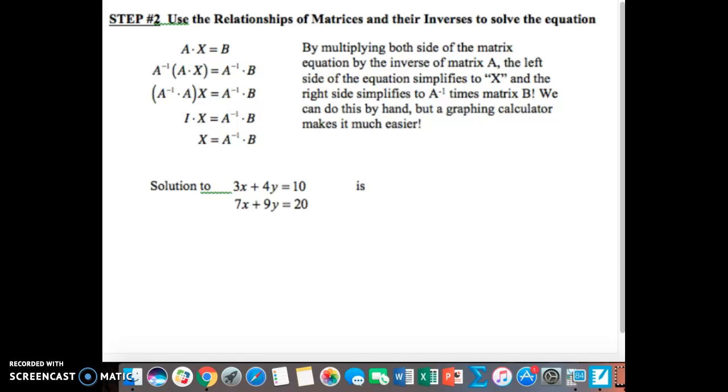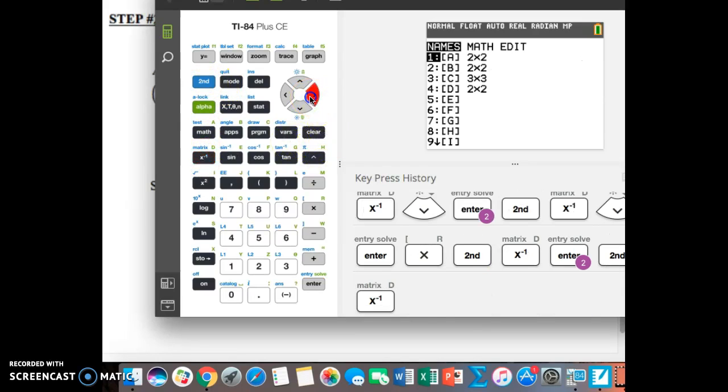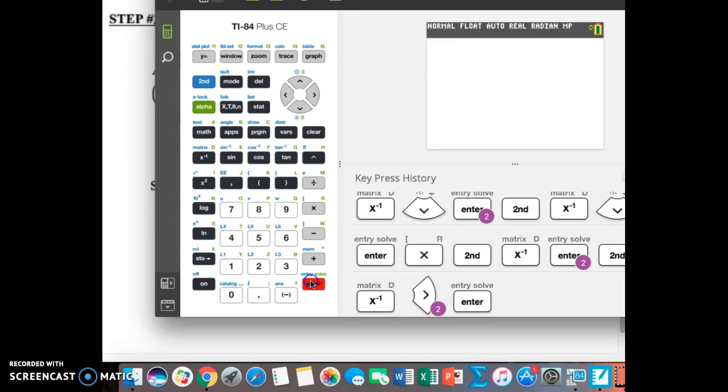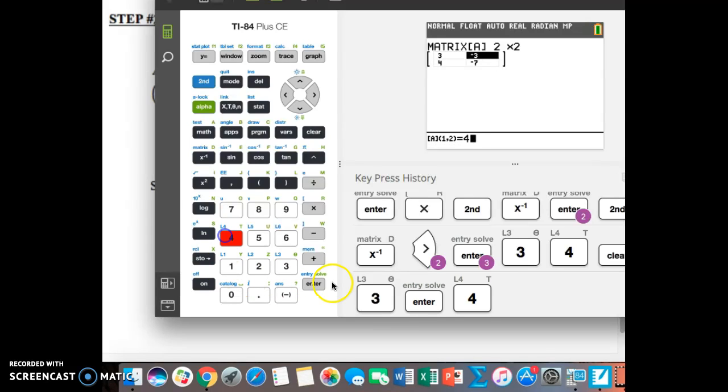So if we can get out our graphing calculators again, we'll need to edit our A matrix. It is still a 2 by 2, but the entries are just a little different. We have 3, 4, 7, and 9.